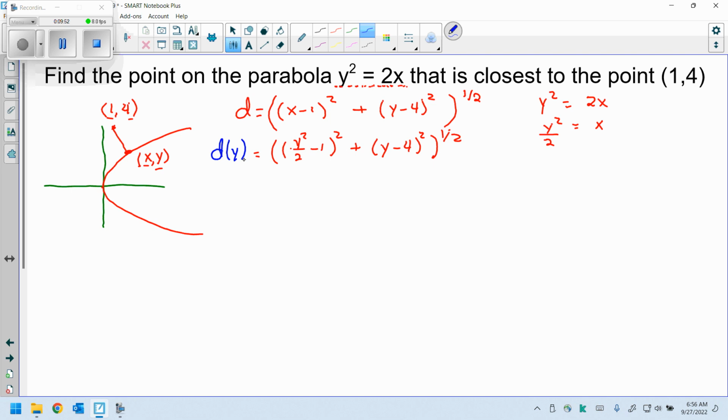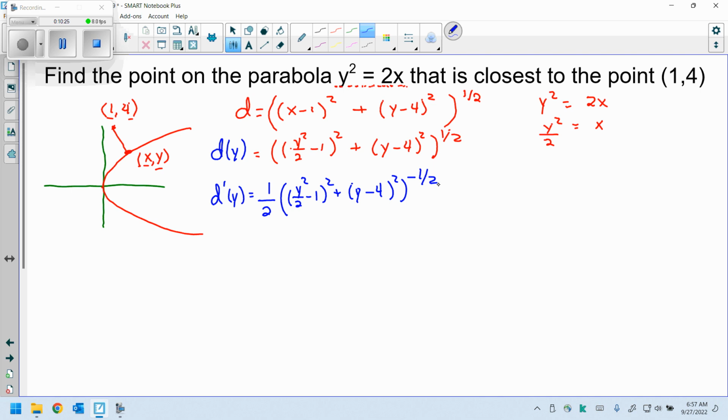So now it's derivative time. Let's set the derivative equal to 0. I would have to do a chain rule, 1/2, don't mess with what's inside, and that's going to be to the negative 1/2.